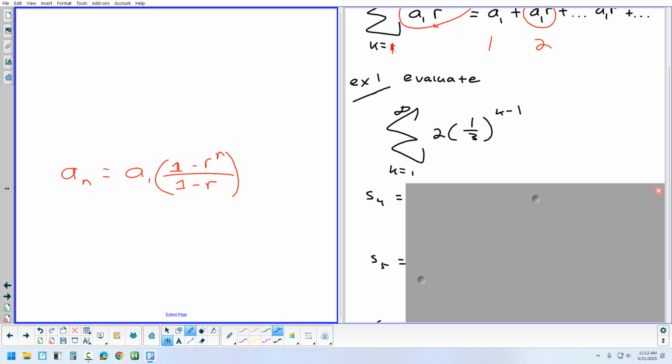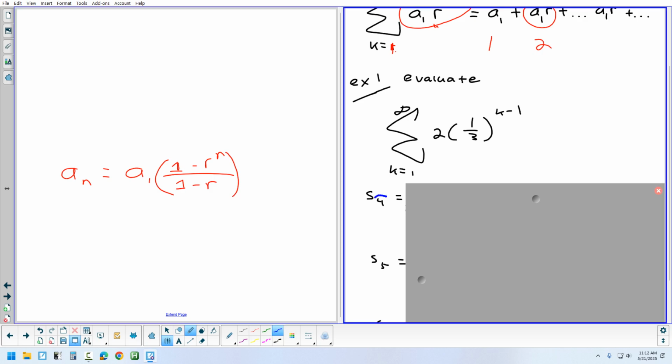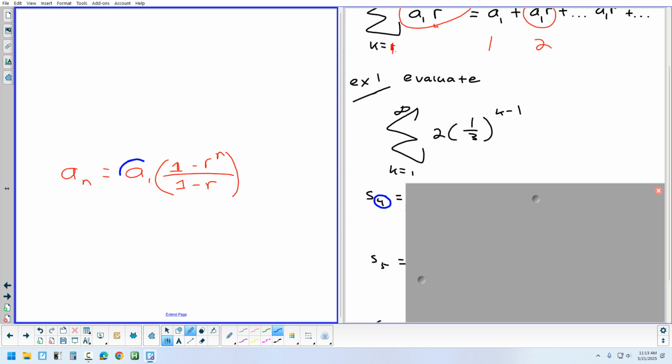Okay. If I'm finding s sub 4, what letter is the 4 going to be in that formula? Charles? N. Yep, that's going to be my n. What number am I going to fill in for my first term? What is a sub 1?